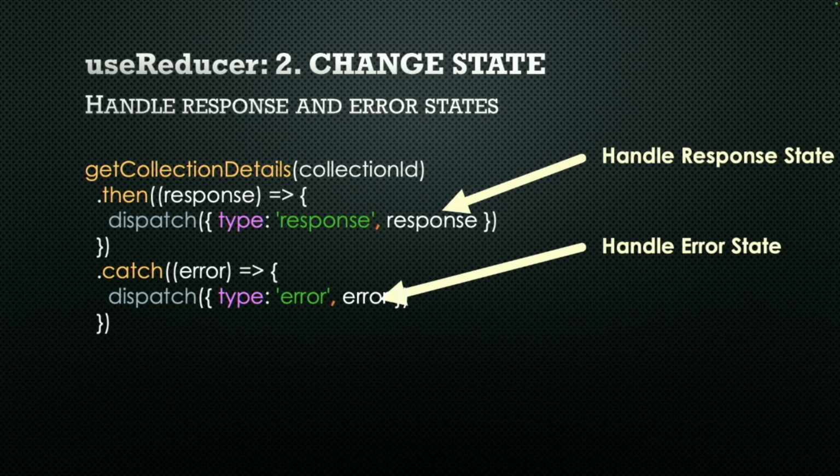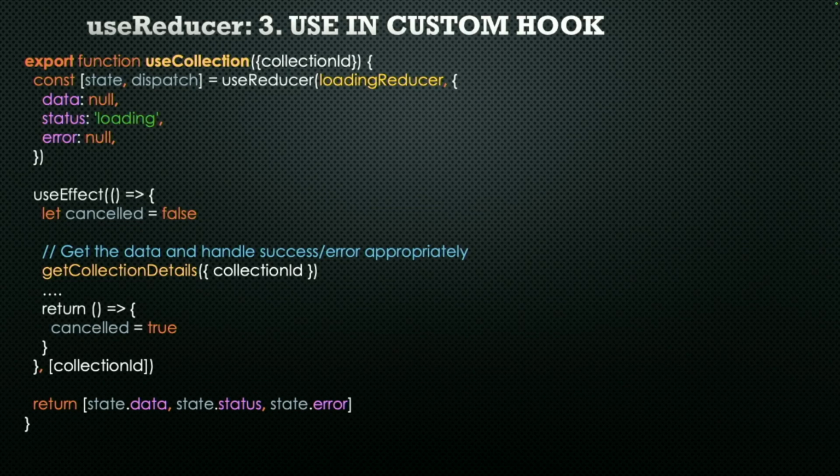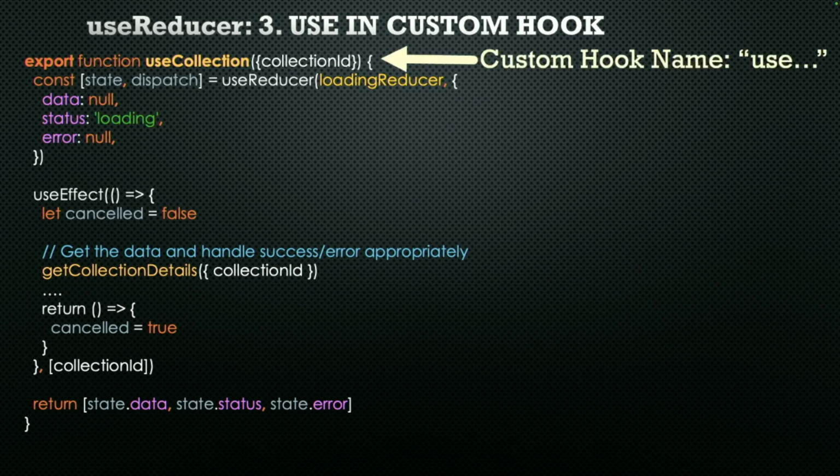That's our set state. And so we create a custom hook that will then use the reducer and return some state, right? We call useCollection, and it starts with use, it's a custom hook. And then we call our useReducer like we talked about.